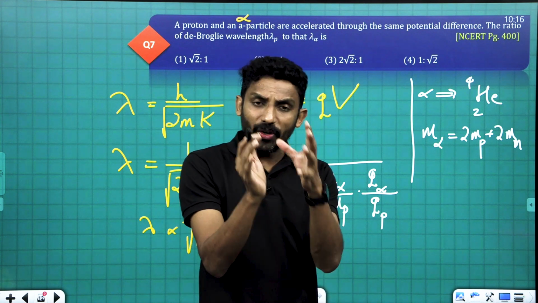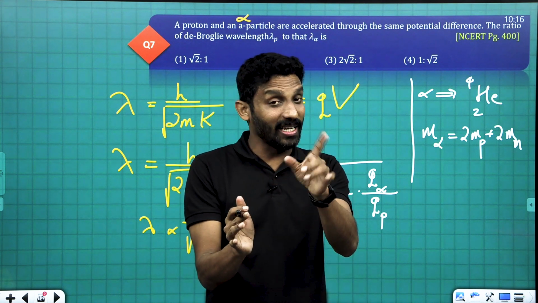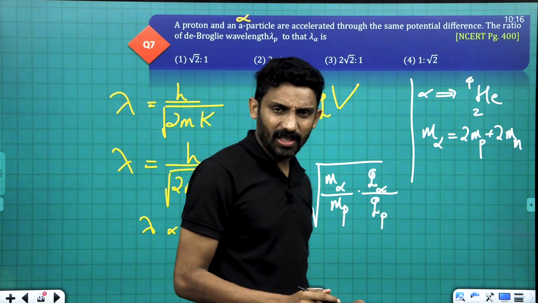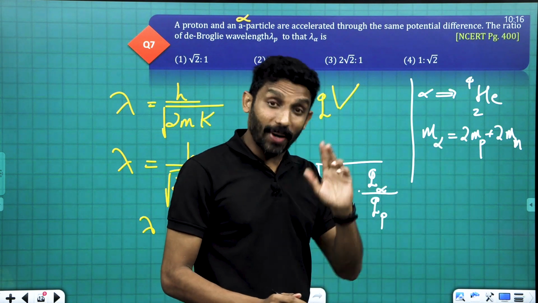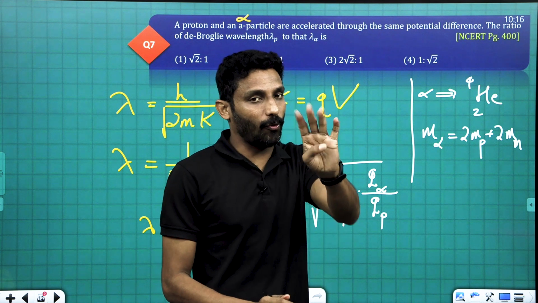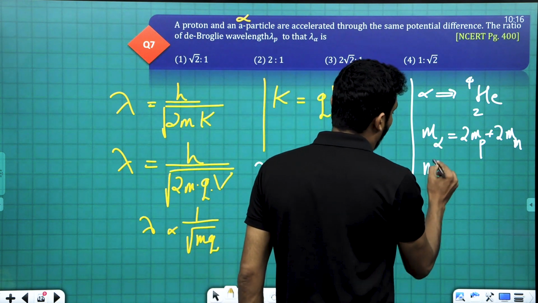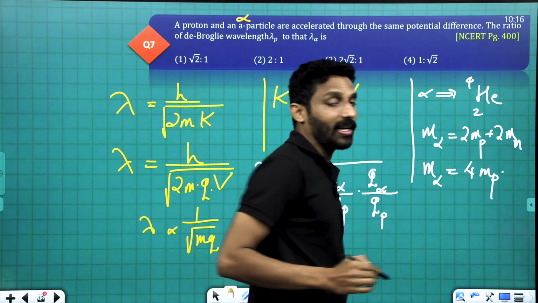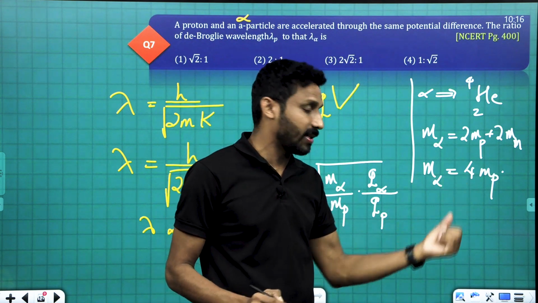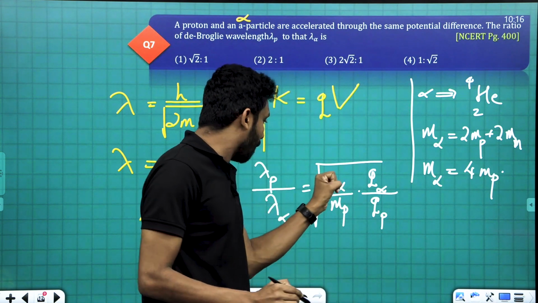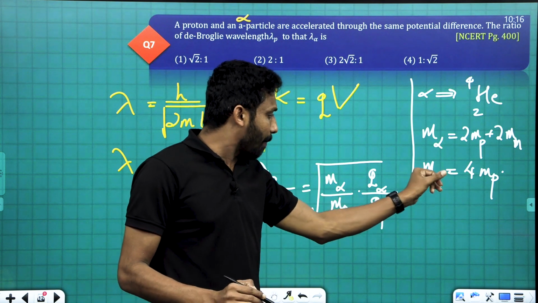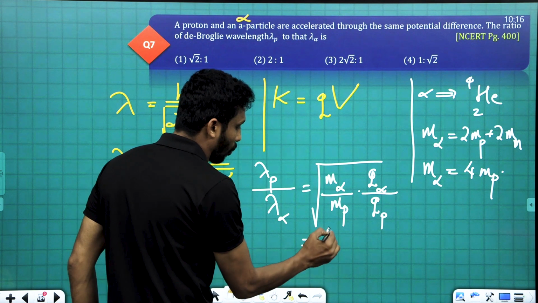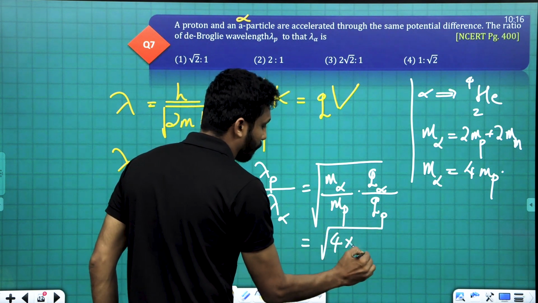See, the mass of neutron is nearly equal to the mass of proton, with only a slight difference. So this is 2mp plus 2mp approximately, so 4mp. The mass of alpha particle is nearly 4 times the mass of proton. Then m alpha by mp is 4. This is equal to root 4 into.